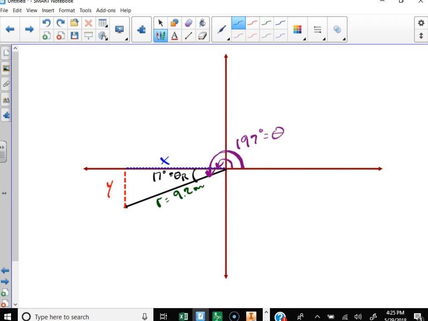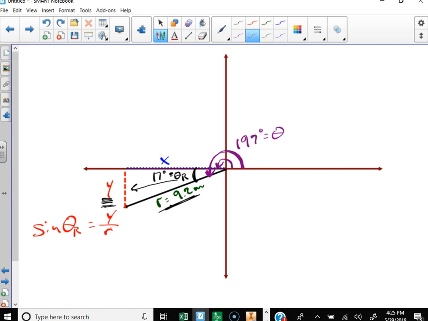All right, let's go after the y first. Well, for the reference angle, the y, and this is always true, when you're using a reference angle, the y is always the opposite. So what trig function are we going to use? Well, if we have the hypotenuse and we're looking for the opposite, that's going to be sine. So the sine of our reference angle is going to equal the opposite, y, over the hypotenuse. So you can use r or h, really doesn't matter.